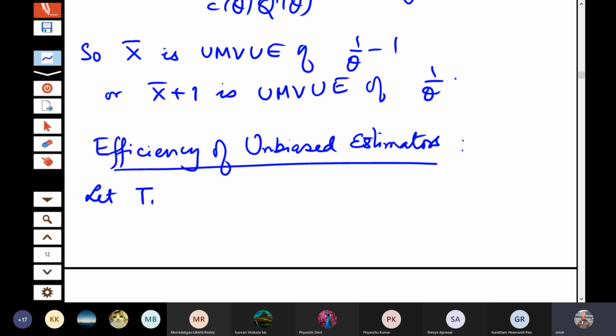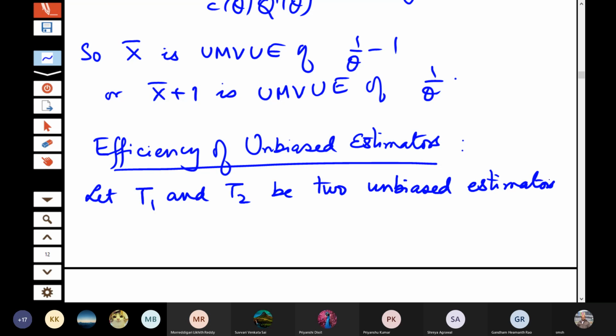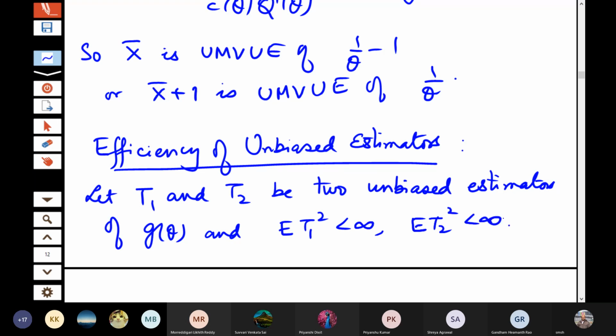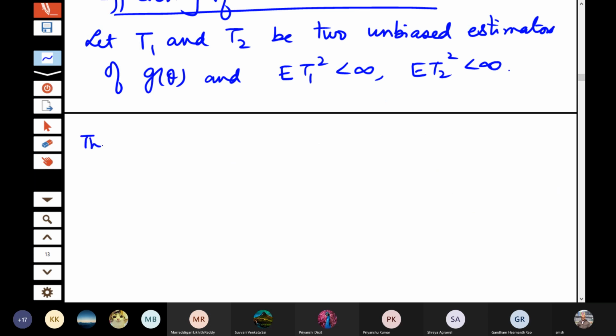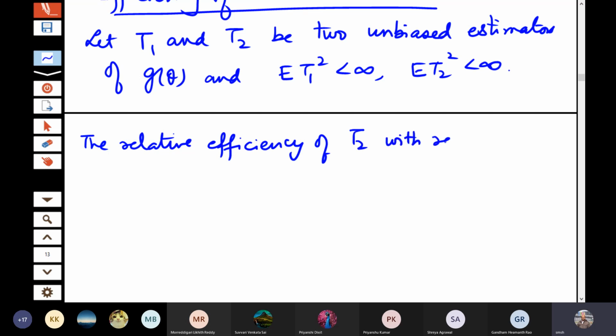So let us consider, say, T1 and T2, the relative efficiency of T2 with respect to T1.